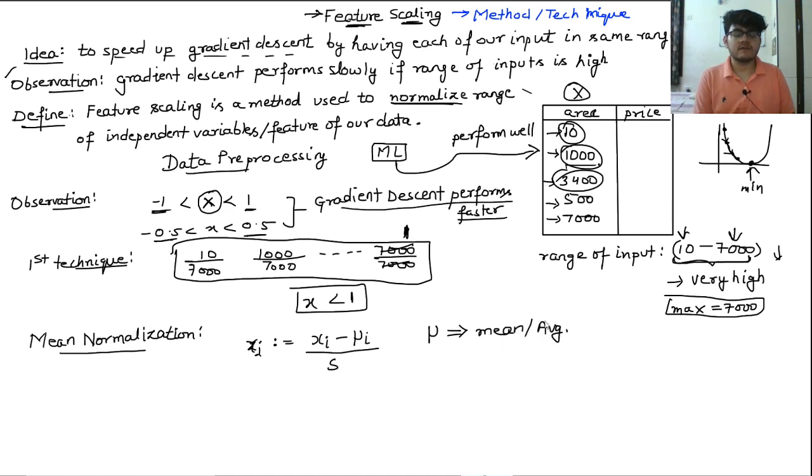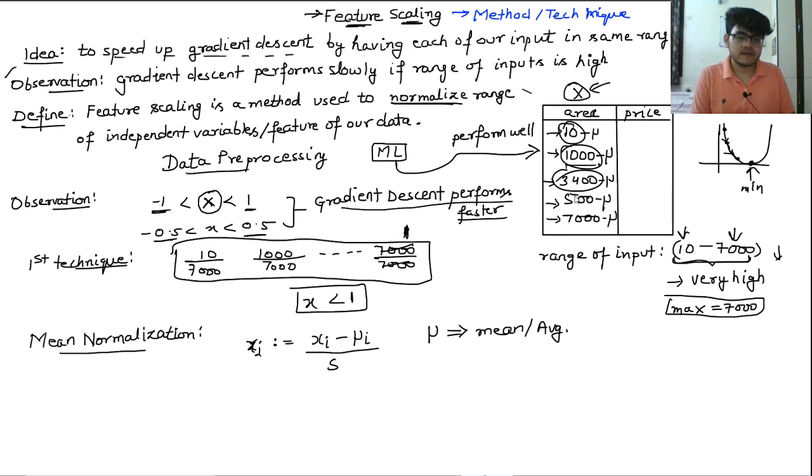If you take the mean or average of the feature xi, you can calculate it by adding them up and dividing by the number of training examples. Then you subtract that mean from each of these training examples.